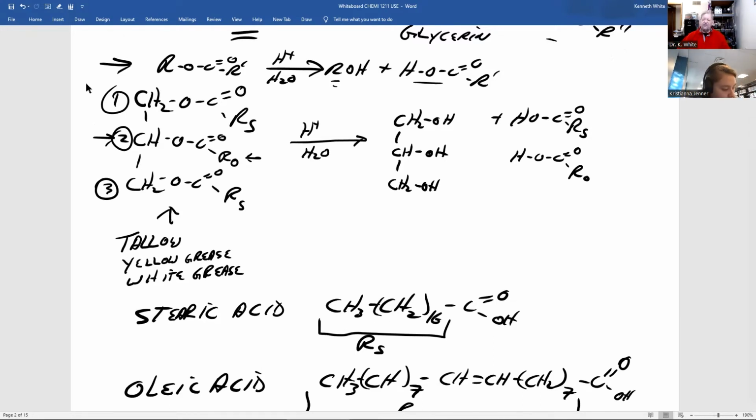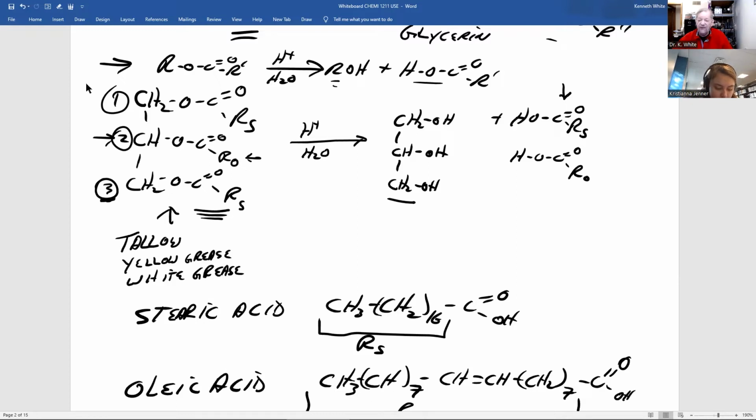On my test, and you've seen this all semester, I ask you, give the organic product or products for the following reaction. And with this type of reaction, I don't ask you to balance it. So what will this give? The ester number 3 will give this alcohol, but this carboxylic acid.